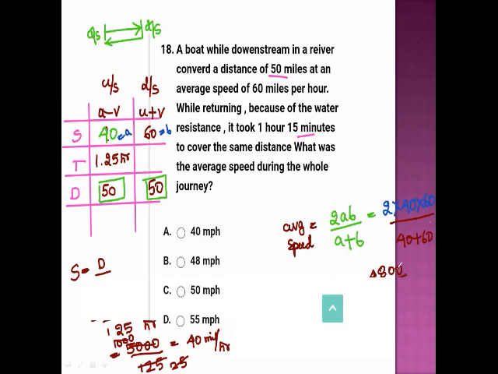The two zeros cancel, and we get 48 miles per hour. The average speed for the whole journey, both upstream and downstream, is 48 miles per hour. That is the answer for this question. Next question.